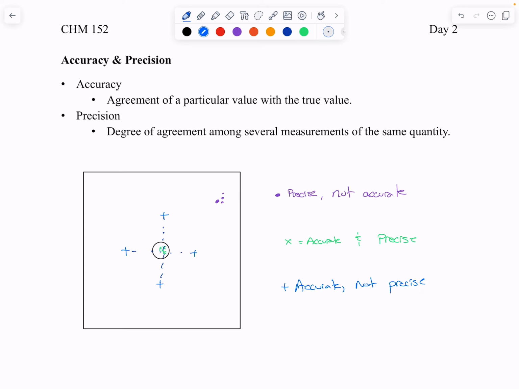Obviously, green would be the best, right? Accurate and precise. The purple would be our second best, because if you're doing the purple, chances are you have a systematic error. We can get you to where you need to go, right? The blue is kind of like a blind squirrel finding a nut. Unless you did that on purpose, no way, all right?